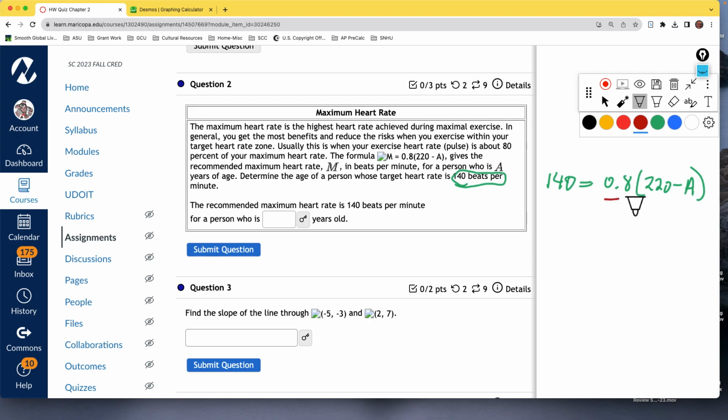Divide by 0.8. Again, you could distribute, but you'll find it's a little smoother if we do it this way. 140 divided by 0.8 is going to be 175. Got 220 minus A, and then we're going to subtract 220.